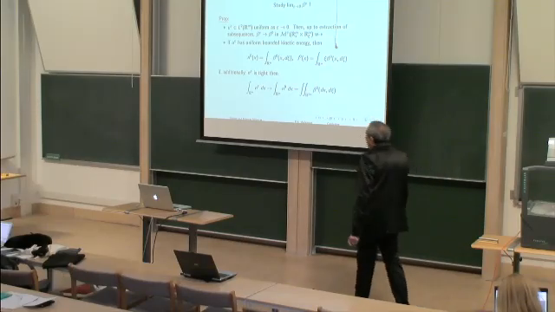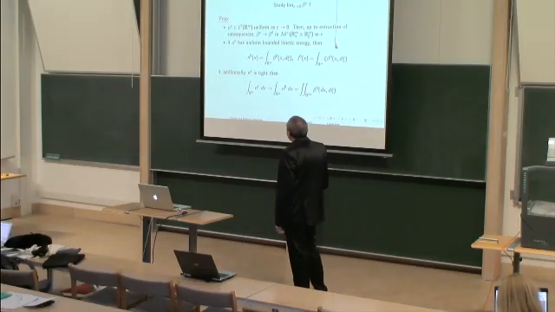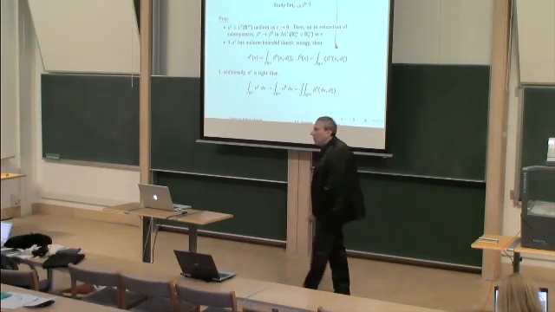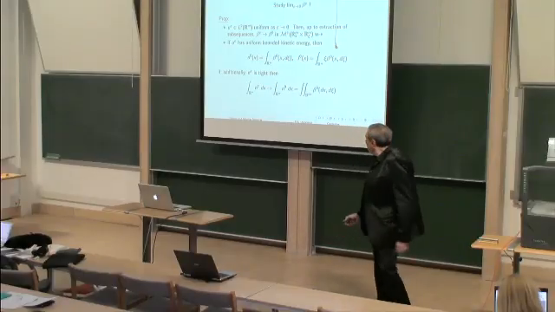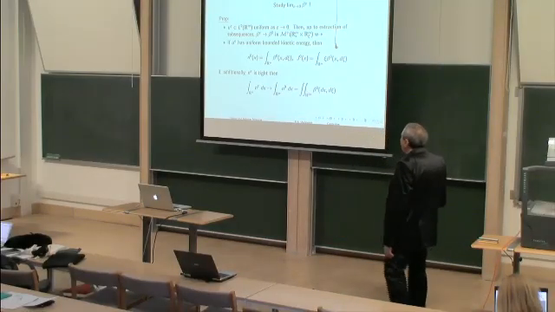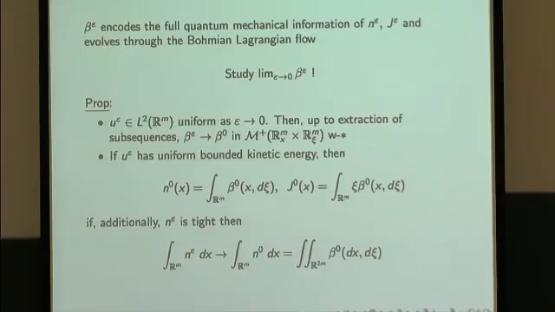Okay. Now, there's a simple proposition which says that if you take a sequence of wave functions which is bounded uniformly in L2, then up to extraction of subsequences, the sequence of Bohmian measures will converge to, of course, a positive limit measure.